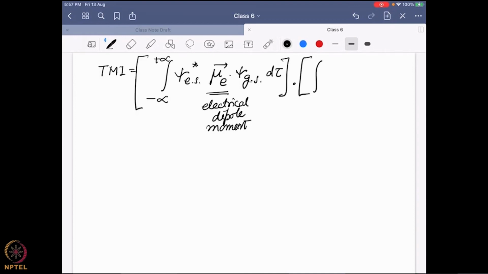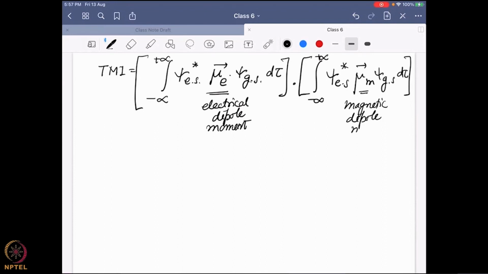And very similarly, I can draw another one, which will be controlled by the magnetic dipole moment operator. So these are the two operators that can be activated.